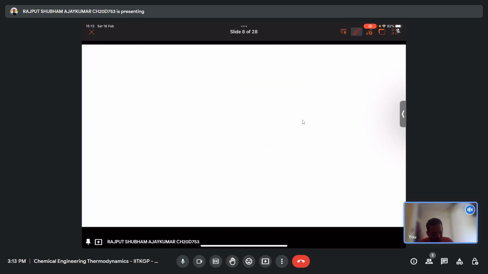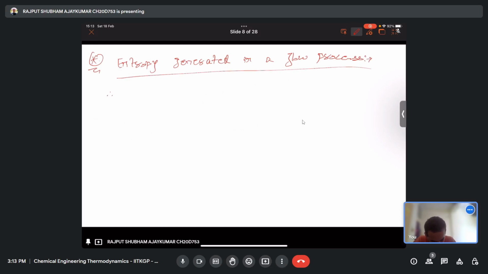Apart from this, the entropy generated in a flow process can be written as entropy generated in the flow process equal to delta (n dot S) Fs minus... I'm writing some mathematical expressions.